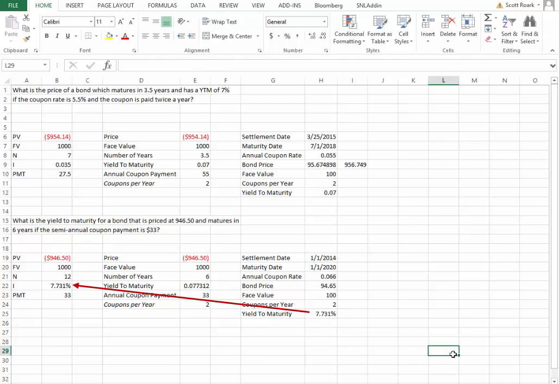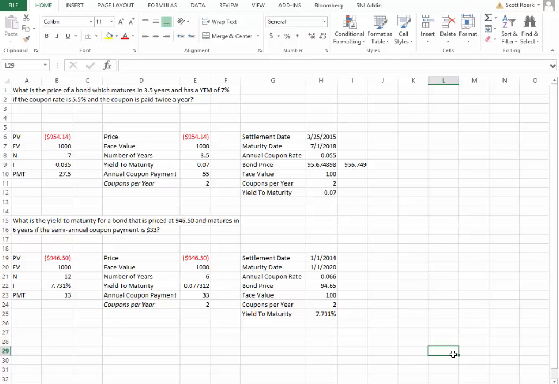So a different pricing model. The bad thing about this more explicit model on the right is that all you can solve for is price or yield to maturity. We can't solve for the coupon payments. We can't solve for the number of periods. We can't solve for the, well, you never solve for the future value anyway.